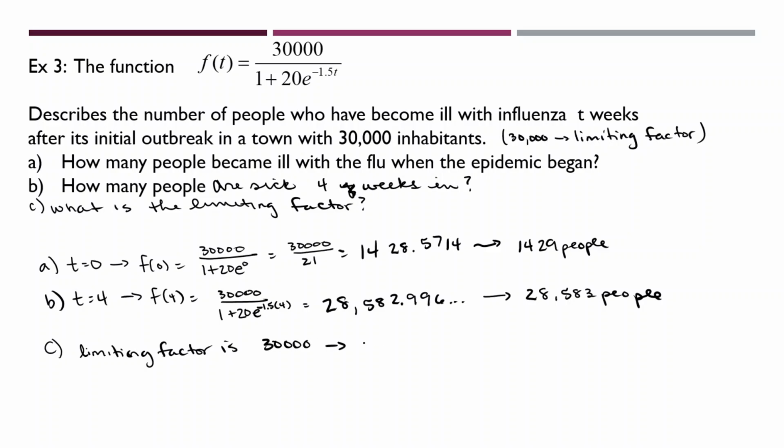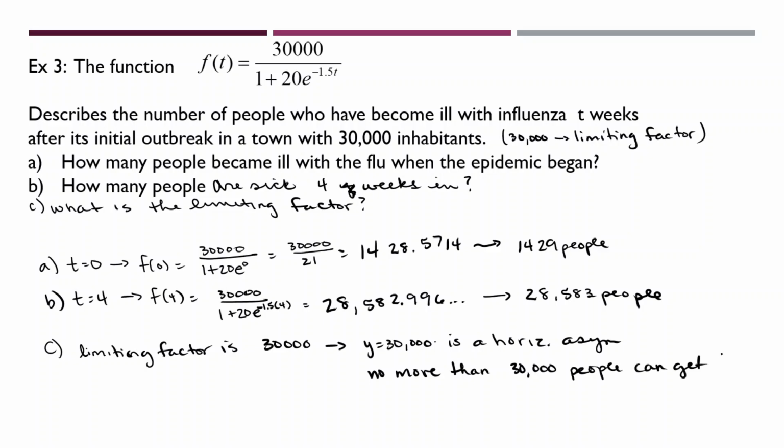So the function has a horizontal asymptote, okay, of the function. But that also means that no more than 30,000 people can get the flu. Okay, so it limits the value of the function. And that's why this is a logistic, not just an exponential.